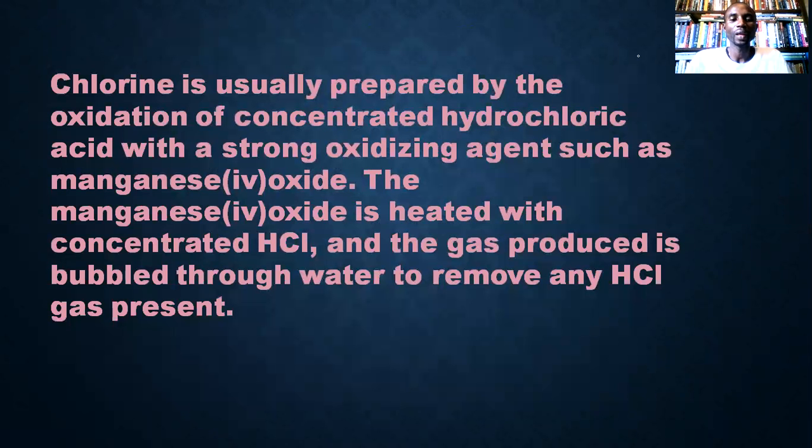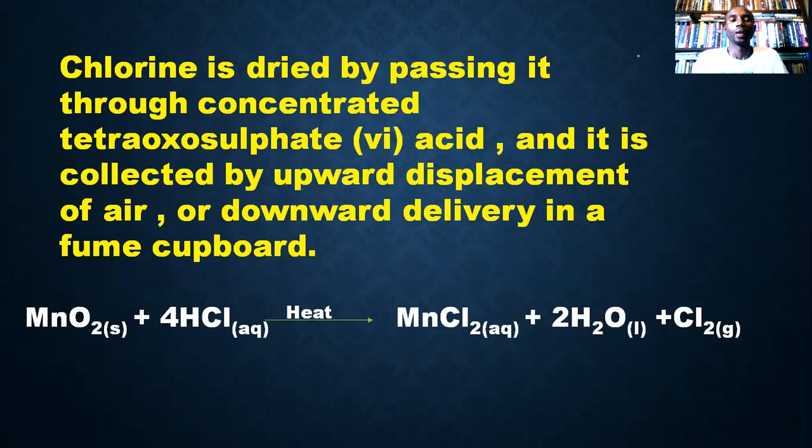Now, the manganese oxide is heated with concentrated hydrochloric acid, and the gas produced is bubbled through water to remove any hydrogen chloride gas present. Now, the chlorine is dried by passing it through concentrated tetraoxosulfate(VI) acid, which is a drying agent, and is collected by upward displacement of air or downward delivery in the fume cupboard.